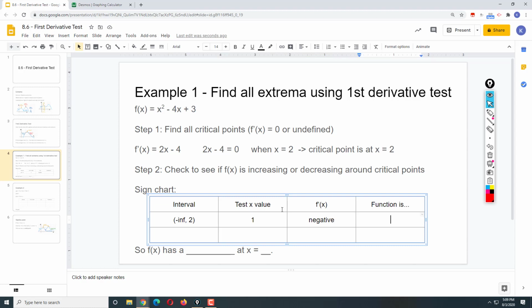So that means the function is decreasing. In the interval 2 to infinity, so when it's larger than 2, let's try x equals 3. Well, when x equals 3, the derivative 2 times 3 minus 4 is positive. So the function is increasing.